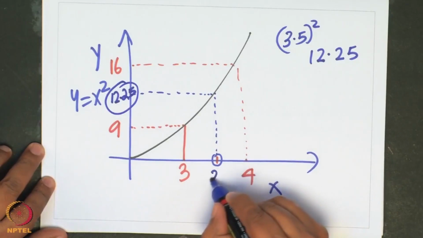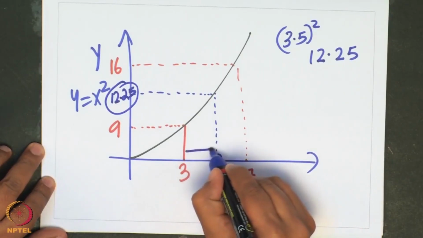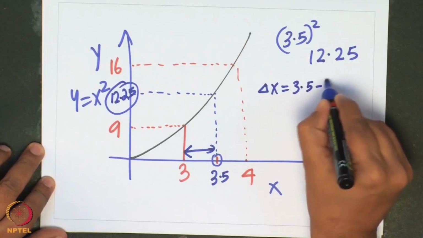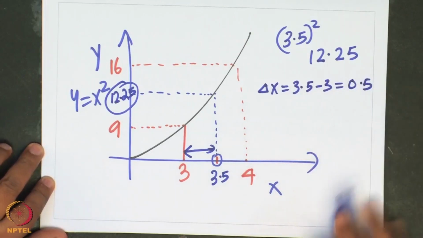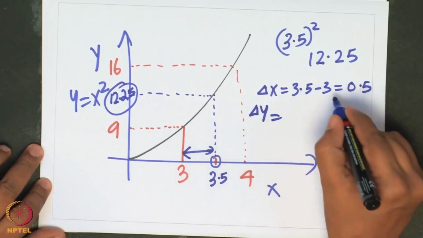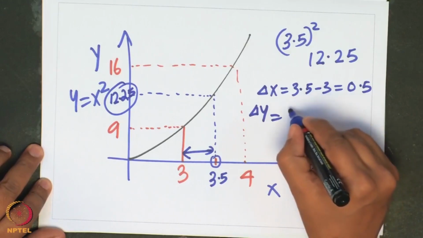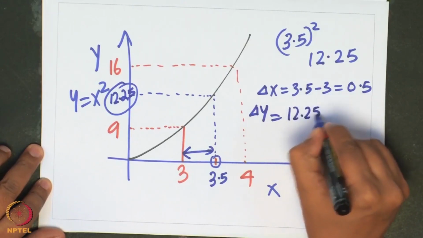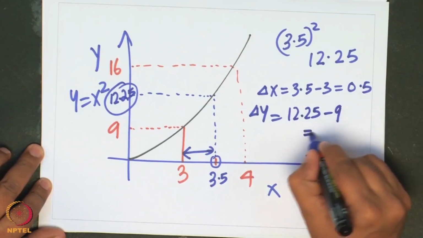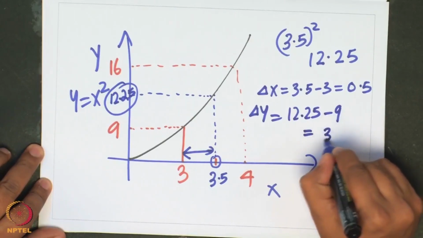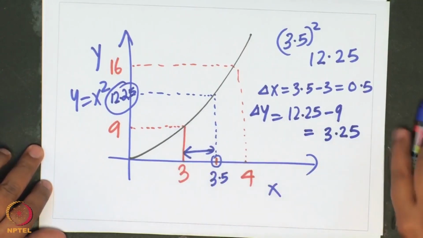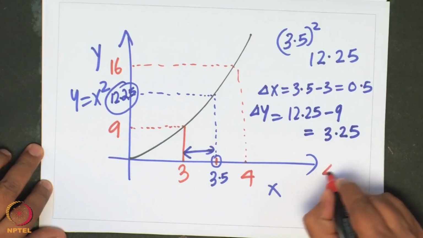So this is 3.5. If I take this as my delta x, it is 3.5 minus 3, which is 0.5. Delta y will be 3.5 square minus 3 square, which is 12.25 minus 9, and this is equal to 3.25. This is my delta y. So what is delta y by delta x?